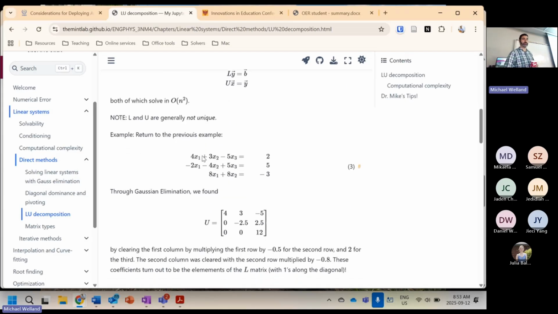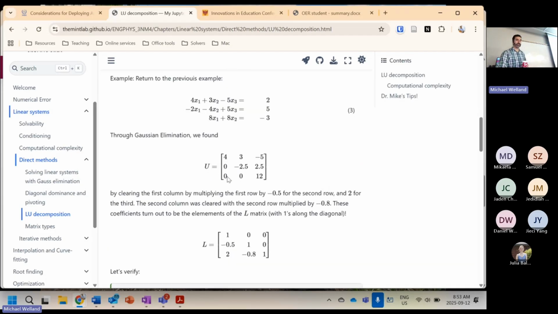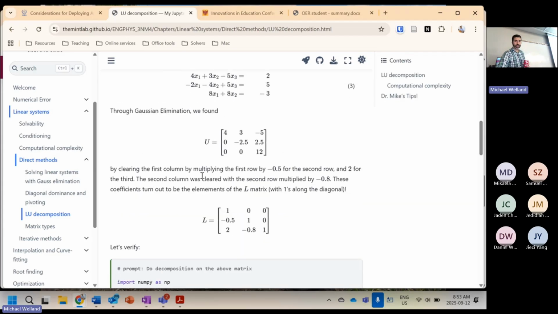Returning to the previous example, we found that this matrix, when we did Gaussian elimination, actually turned into the upper triangular matrix, right? But the lower triangular matrix is basically what we had to do to that B solution variable while we were doing that. That turns out to be a collection of all those constants.